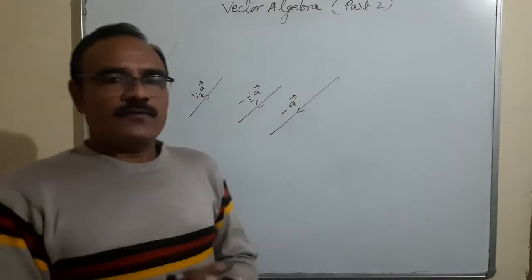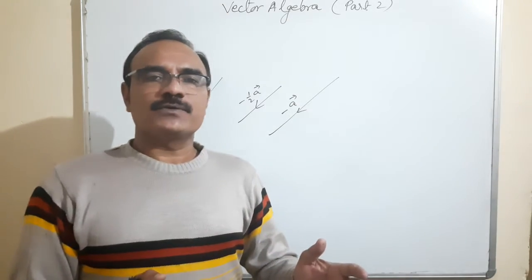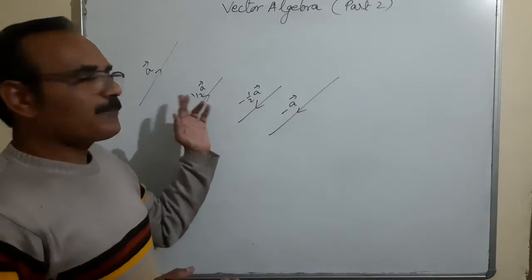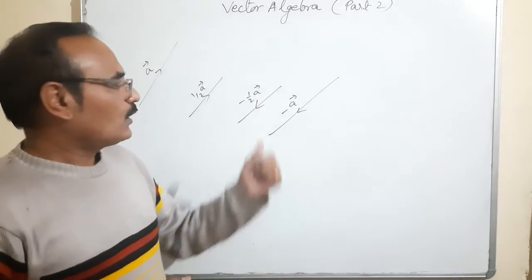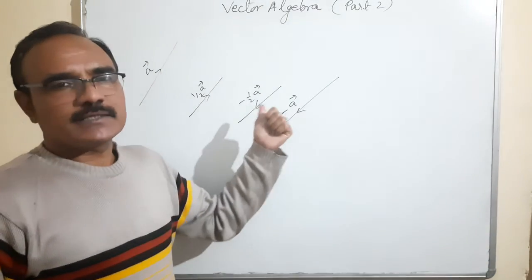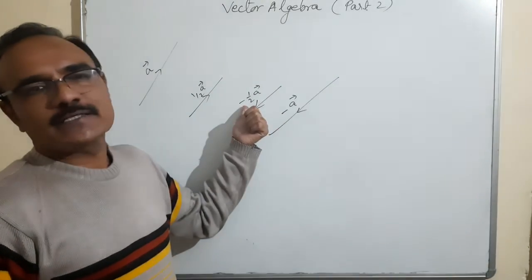When you change the magnitude, the vector changes only when we change the direction. Its direction will be opposite when we put the minus sign here.